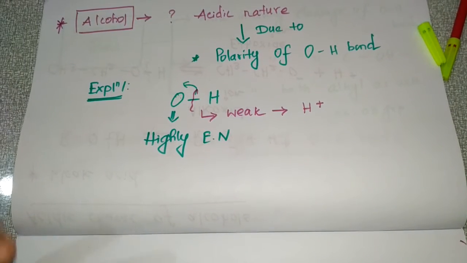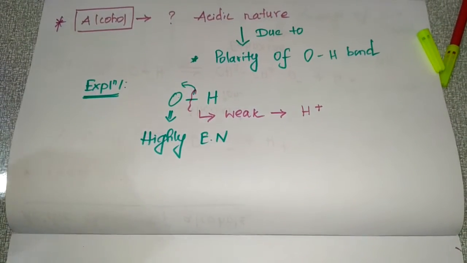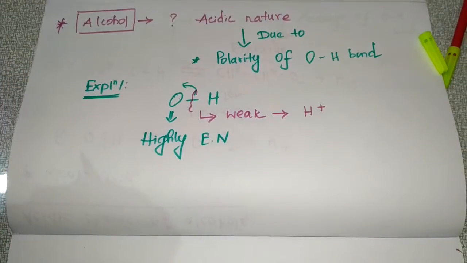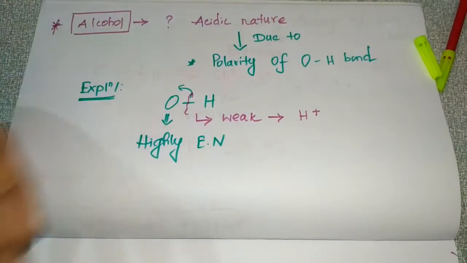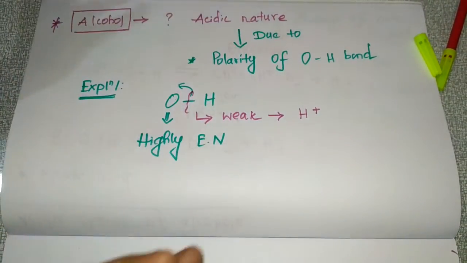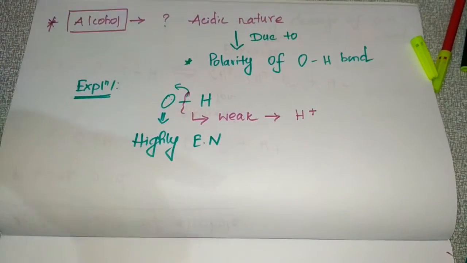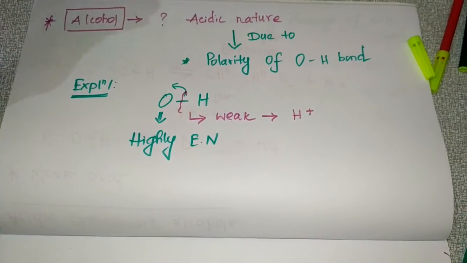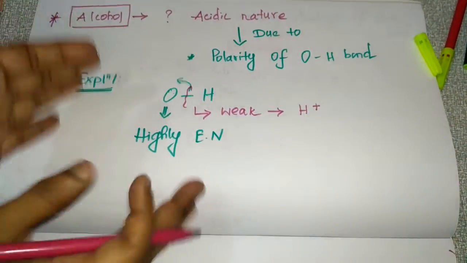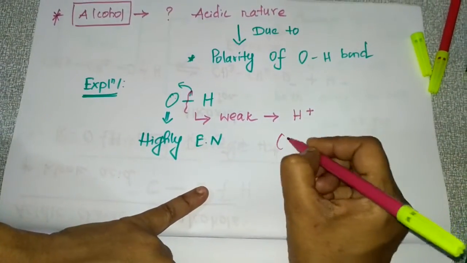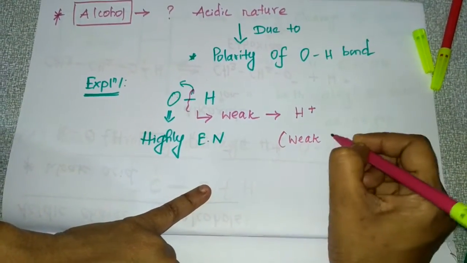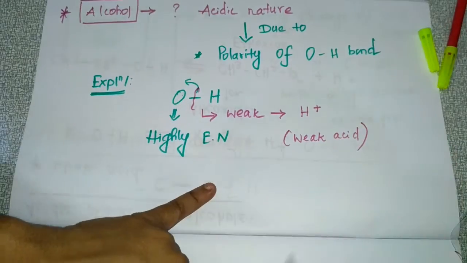But the ionization is to a less extent only. We cannot say complete ionization, or ionization to the maximum extent. So this behaves as a weak acid. Have you understood?